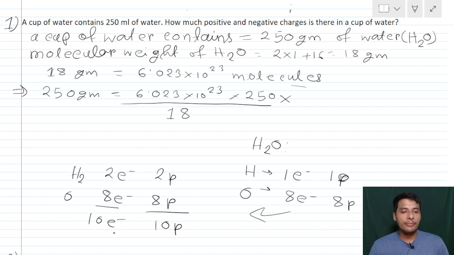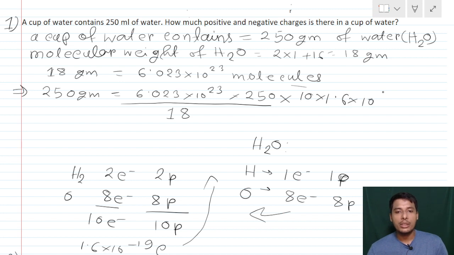So we have seen that the same number of charges is given. The electron has negative charge and the proton has positive charge. However, the magnitude is 1.6 into 10 to the power minus 19 coulomb. So we can easily write the whole thing as 10 into 1.6 into 10 to the power minus 19 into the number of molecules.